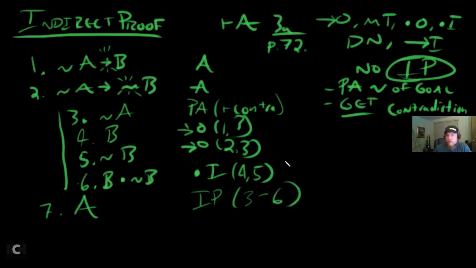So here's what's going on here. Here's the way an indirect proof works. Here's what you're saying. All right, we got these things. We want to get this thing. How can we get there if these other things are not working? So here's what you say. Let's pretend that the thing that we actually want is not true. That's what this squiggle is here. Let's see if it leads to nonsense. So what this is here in line 6, this is nonsense. We're saying something is true and its opposite is true.